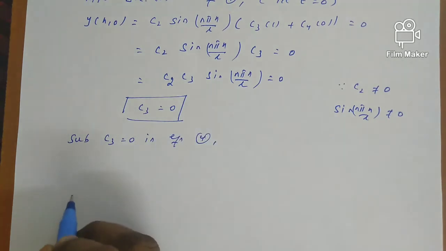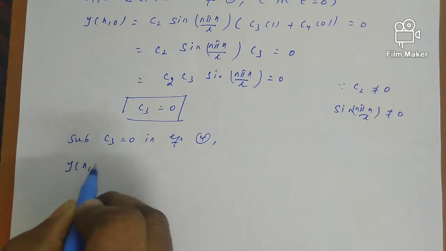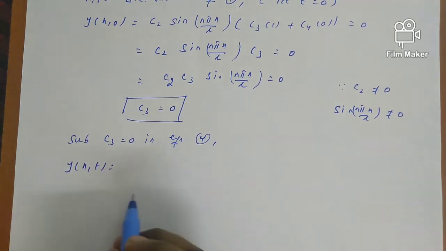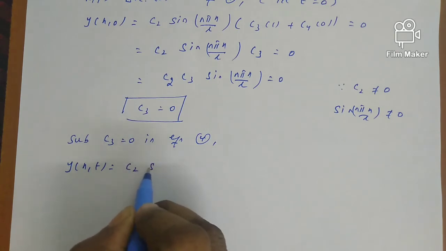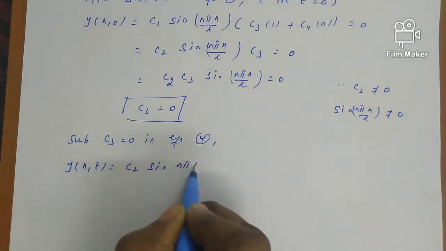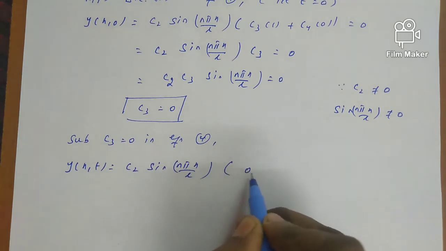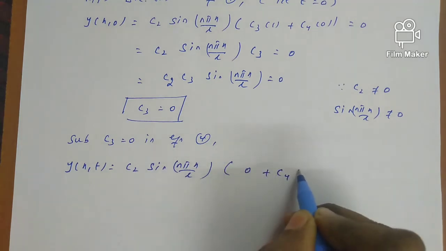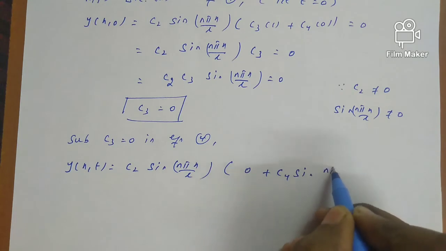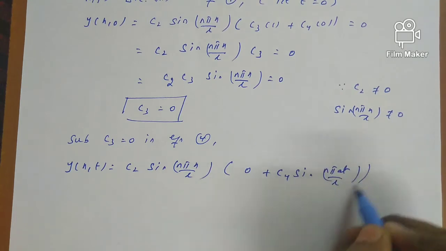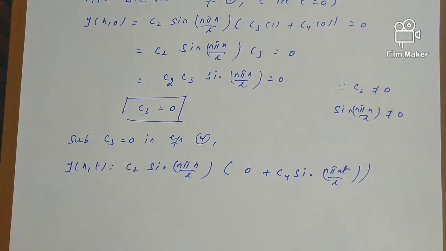So what will happen? Y of x comma t equal to C2 sin n pi x by L into C3 is 0 plus C4 sin n pi at by L. Okay, so this is our displacement function.